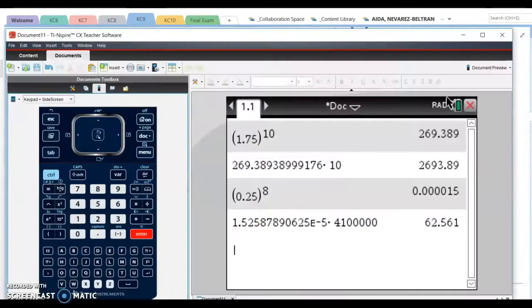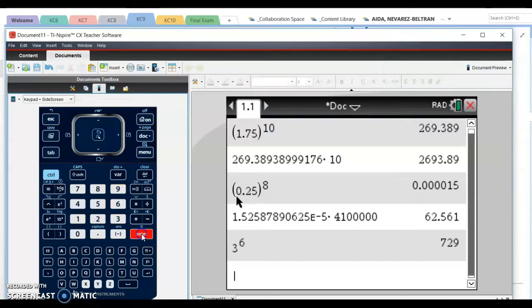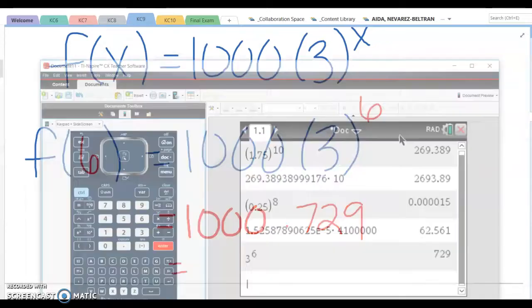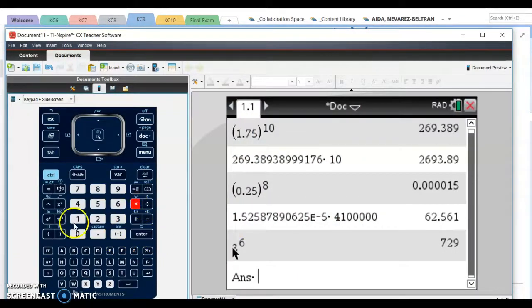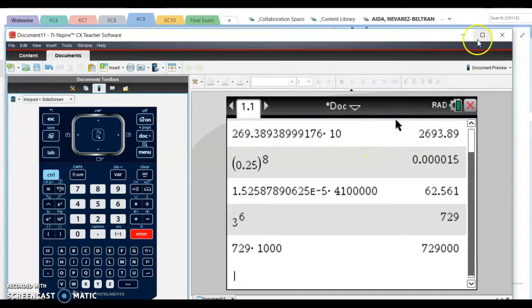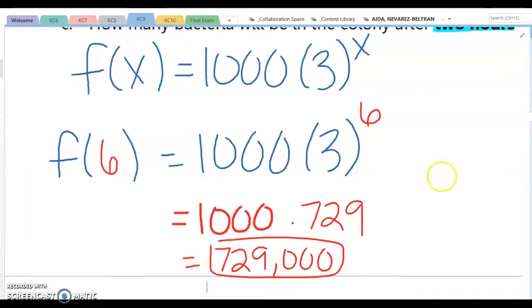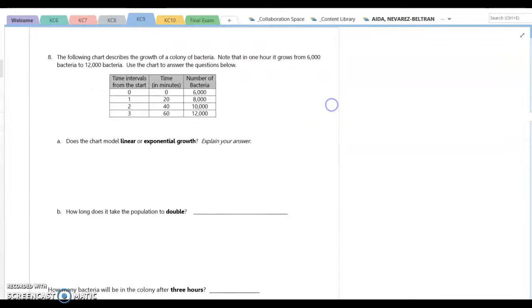Let's go into our calculator and do 3 to the 6th power, which is 729. Right, and we do that times 1,000 and we get 729,000. Boom. There we go. All right.